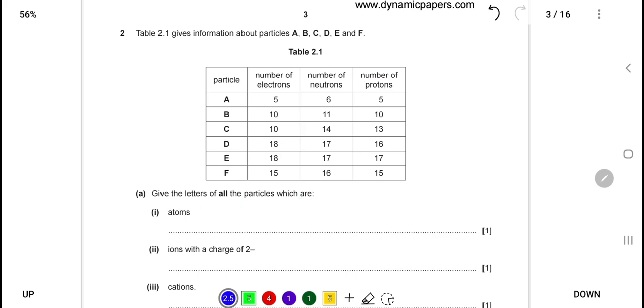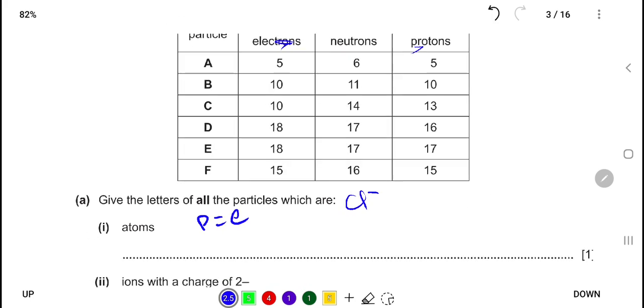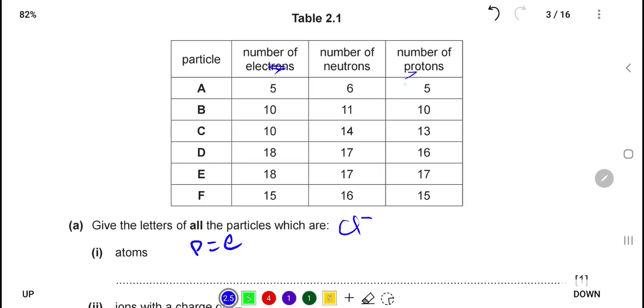atoms. Atoms means that there is no difference between protons and electrons. So protons equal electrons, because if there were different numbers of electrons, it would be an ion. For example, Cl minus. There's a difference between electrons and protons because one more electron is added than protons. So let's see which are the same.